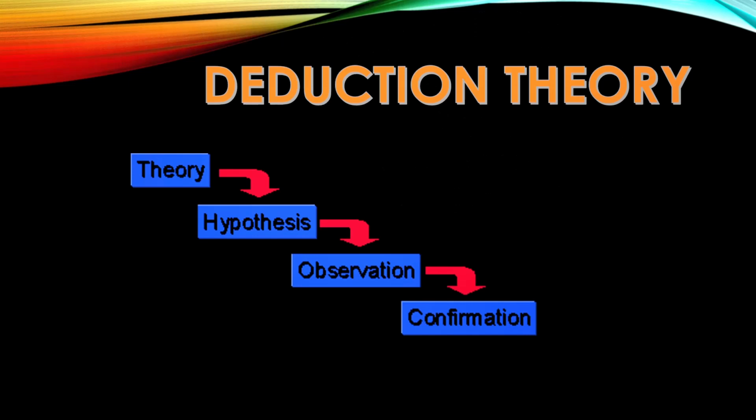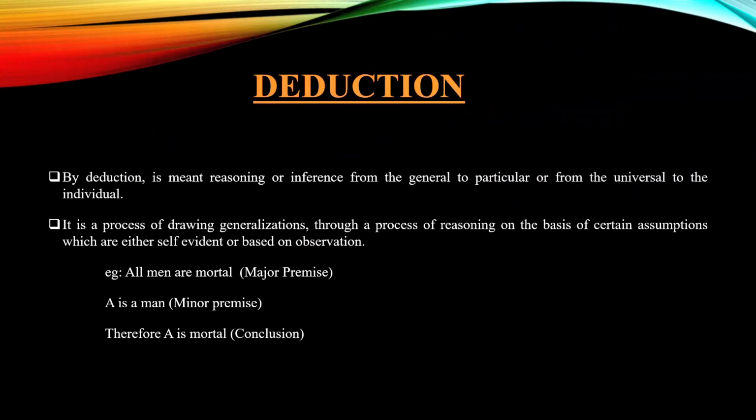This is deduction theory. So we are starting with the theory, then testing the hypothesis and concluding or making the confirmation. Deduction theory is reasoning or inference from the general to the particular, or we can say a study from the general point to a particular point.